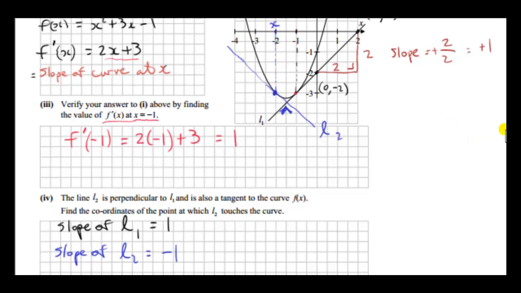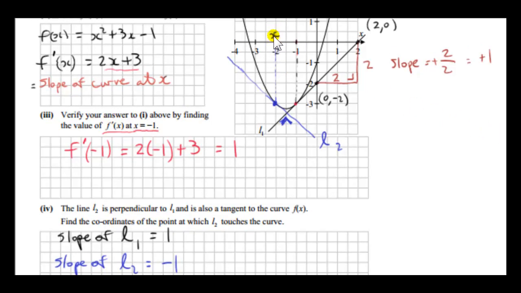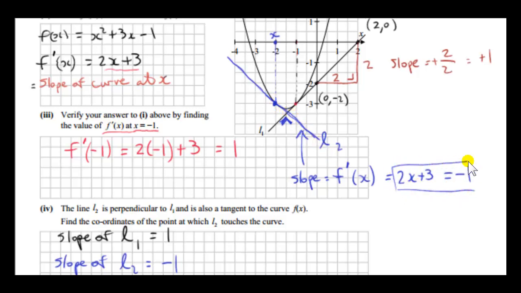The slope of this line is the derivative of the function at a particular value x, and we know what this is. This is 2x plus 3, but this must equal minus 1, because we now know that the slope of this line is minus 1. So we have to solve this equation here.